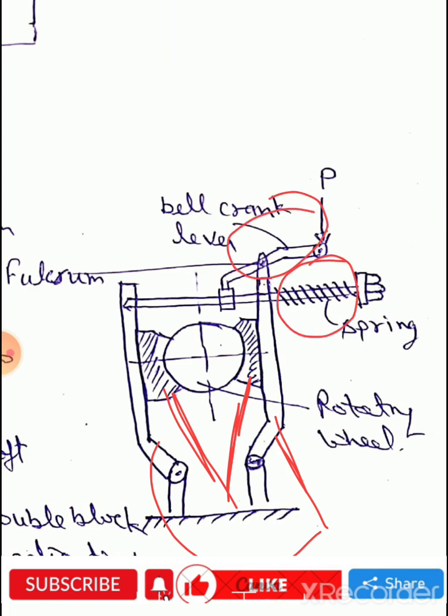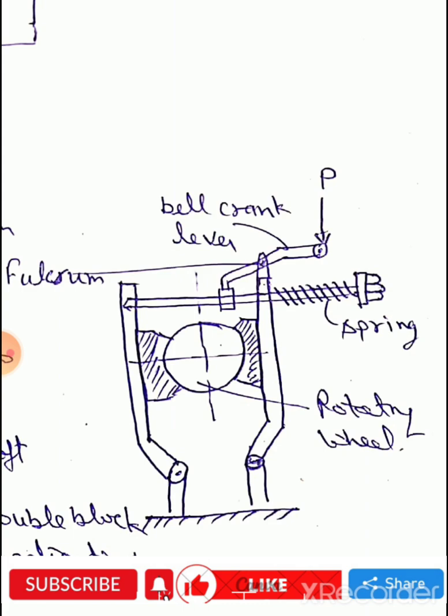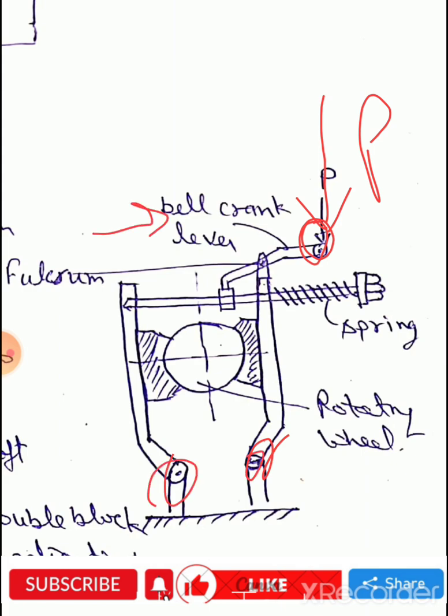This is a spring. Now when we apply an external force P on the bell crank lever, this bell crank lever moves in the inward direction and these block shoes come into contact with the wheel.